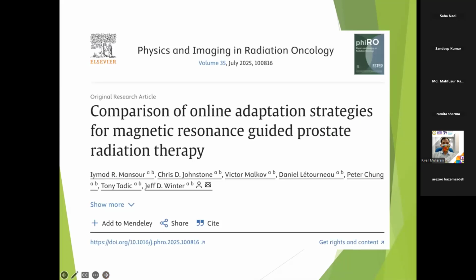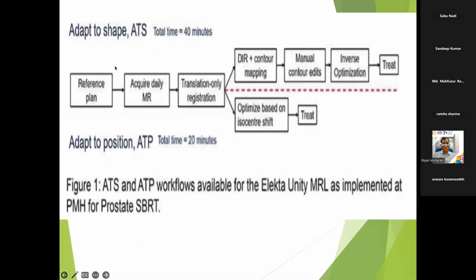So this is basically the comparison of online adaptive strategies for magnetic resonance guided prostate radiation therapy, published in 2025. This is a figure from that particular publication, which says that for adapt to shape, the total time is around 40 minutes, because the first three steps are common, such as the reference plan, acquiring the daily image, and translation only registration.